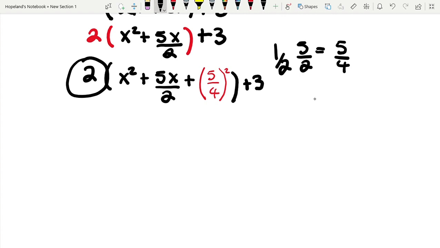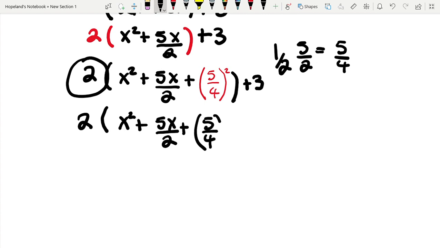You have 2 in parentheses, x squared plus 5x over 2 plus 5 over 4 all squared, parentheses plus 3, and then you put a minus sign here, in red.